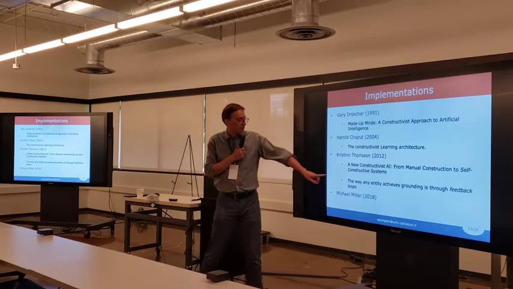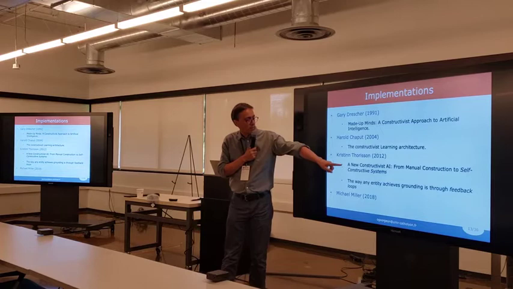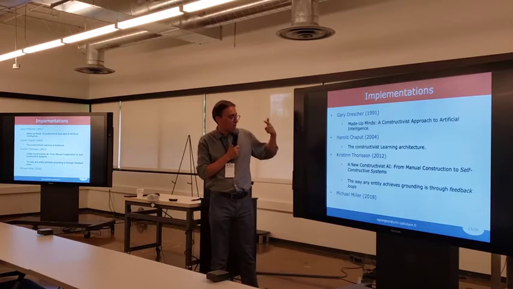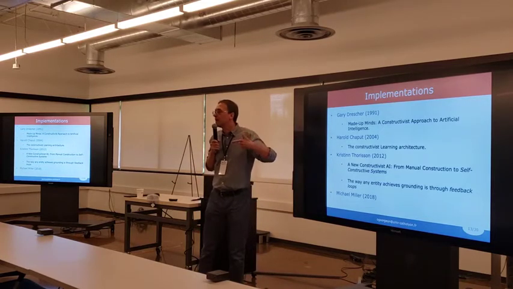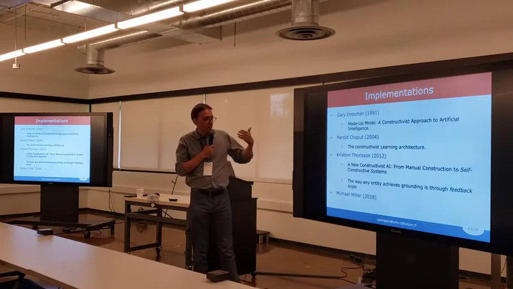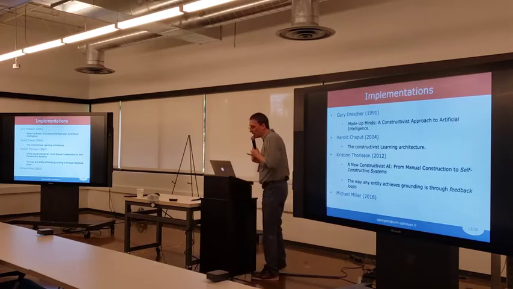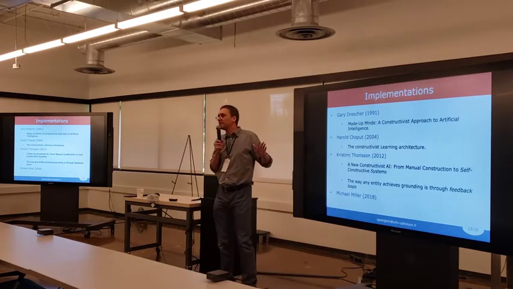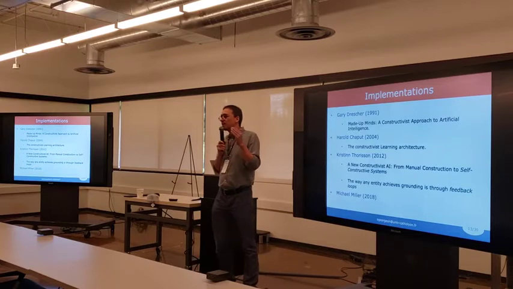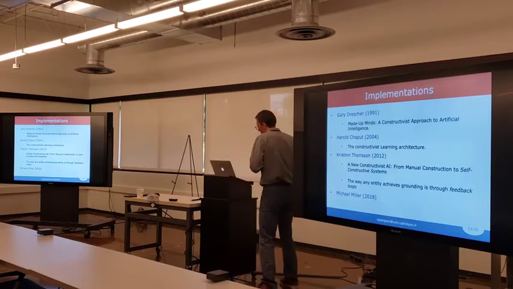In particular, he says that the way any entity achieves grounding is through feedback loops. So there is again this importance of feedback loops as suggested by Piaget and other constructivist material. And of course there is Miller. But in all those implementations, I have not seen any demo in which we can see that some self-programming does function.